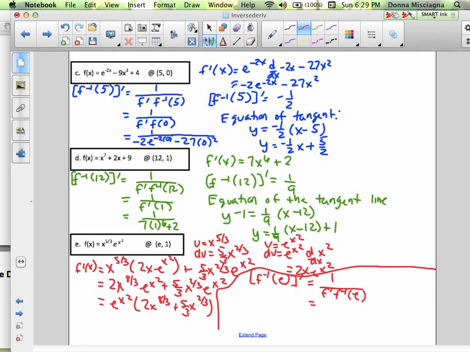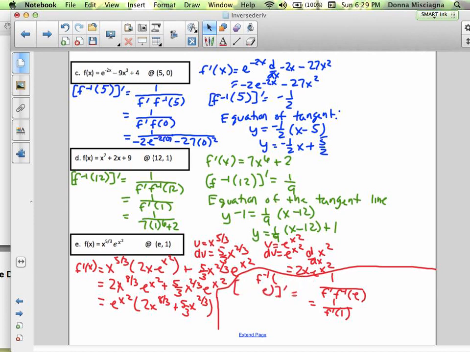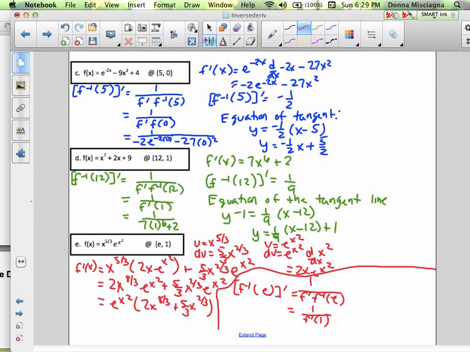So this is 1 over f prime of 1. Now we're just going to plug in 1. I could use a little bit more space, maybe if I just move this over a bit.